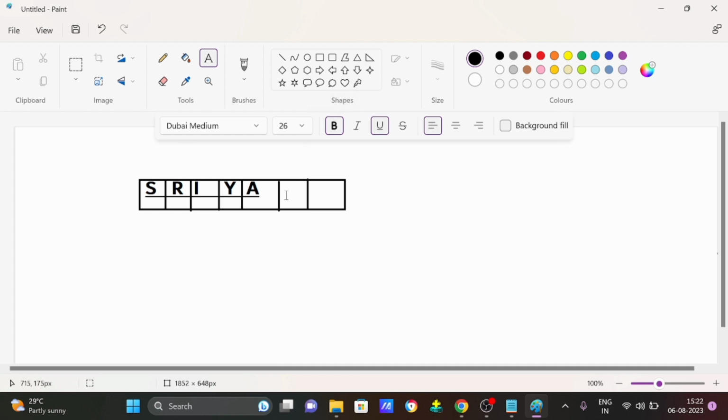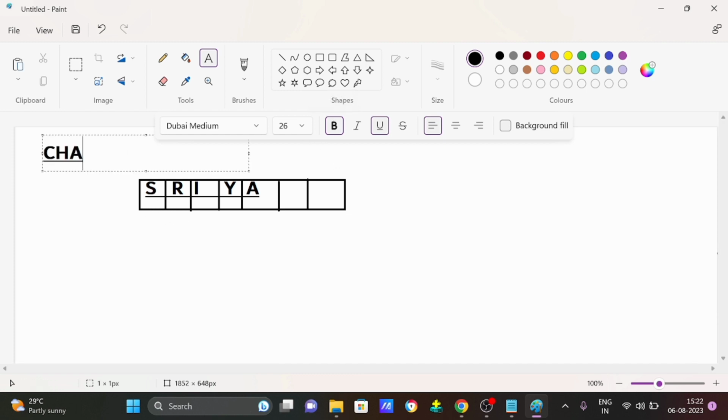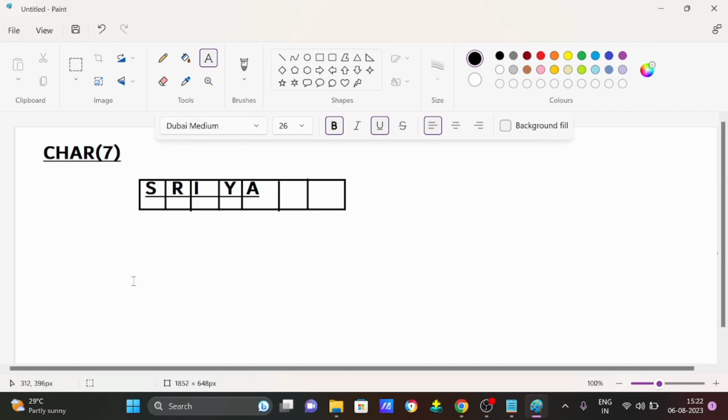Now, here I've taken char of size 6 data type. Sorry, 5 data type. What is this? 1, 2, 3, 7, because it's 7 blocks right now. Char of size 7, and I have taken only 5 blocks of memory. I have used only 5 blocks of memory.